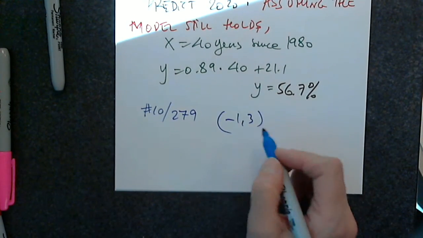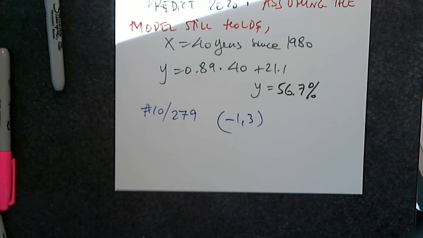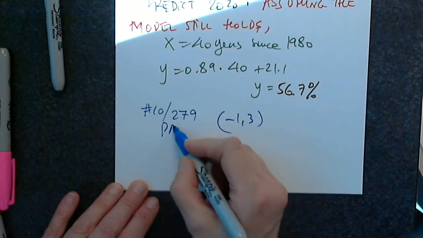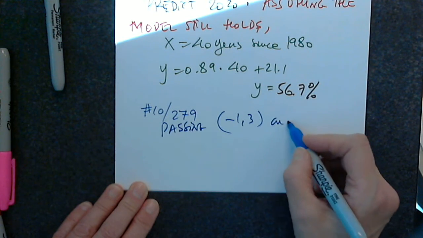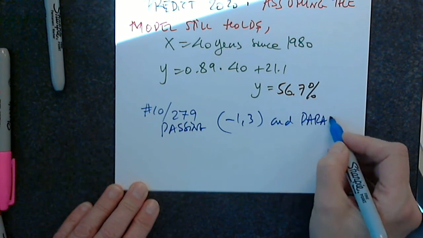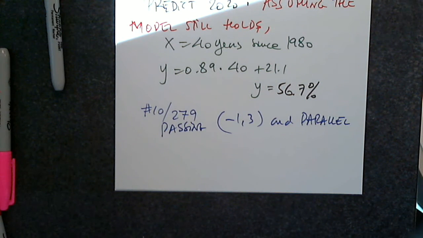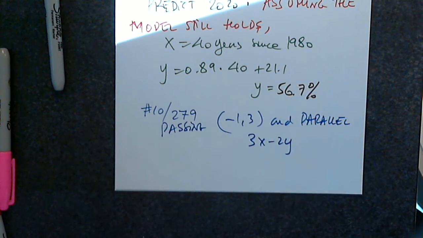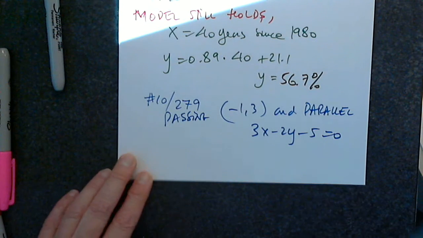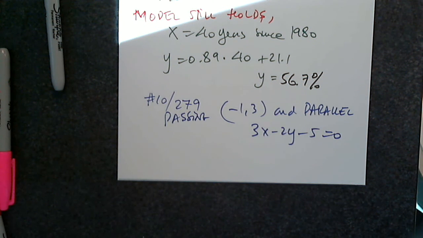We are told that a line is passing through -1, 3 and parallel to a given line whose equation is given to us. 3x minus 2y, I think it's -5. It doesn't matter. -5 equals 0. Okay, I haven't read the problem to you yet.